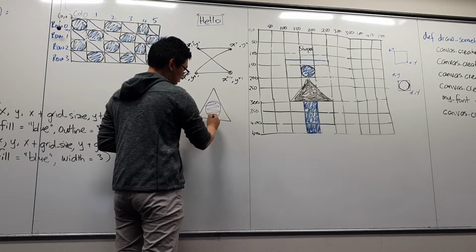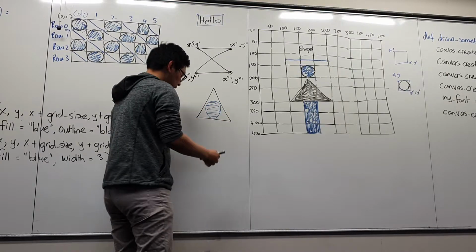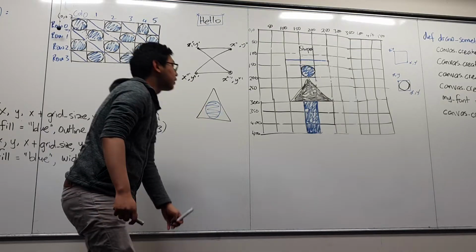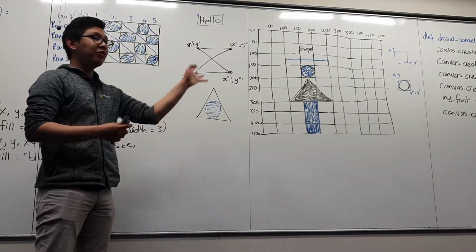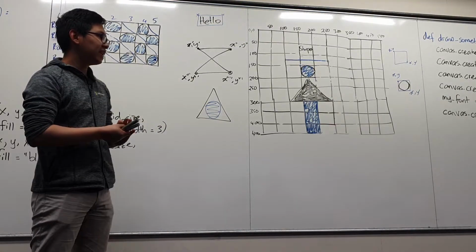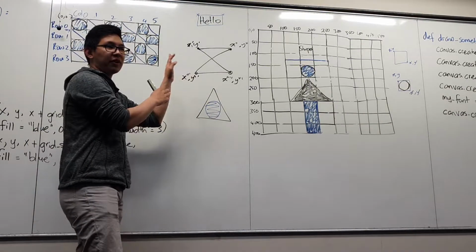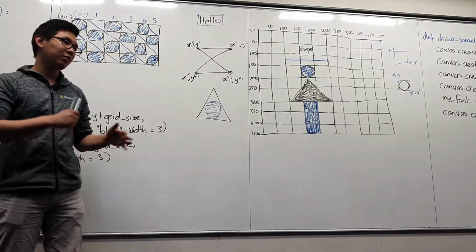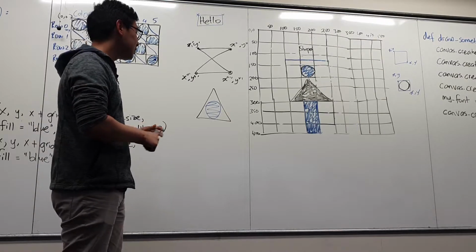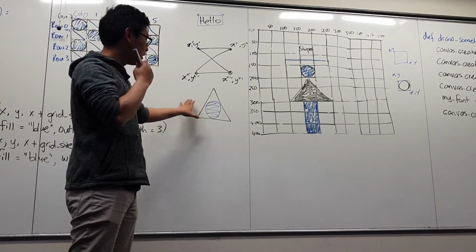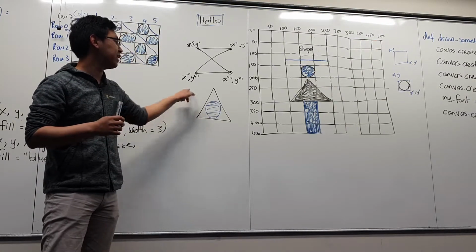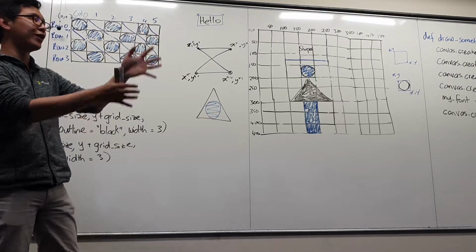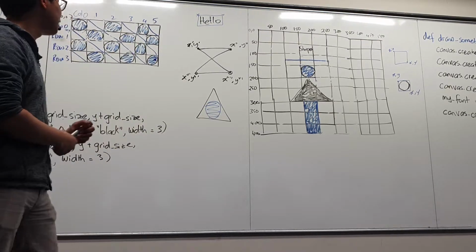If I write my code for my triangle after the code for my circle, what's going to happen is the triangle is going to paint on top of the circle, and you won't see the circle. So remember, the order in which you write your code matters. And so if I wanted to get the shape, I'll need to code the triangle first, and then code the circle, and then it'll go on the right way. That'll be helpful for you later.